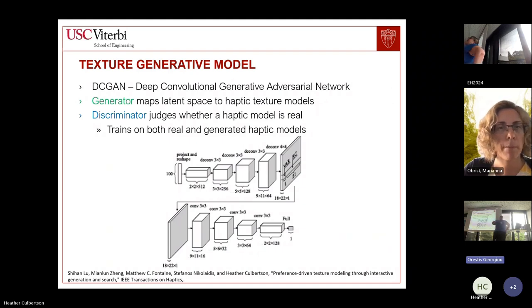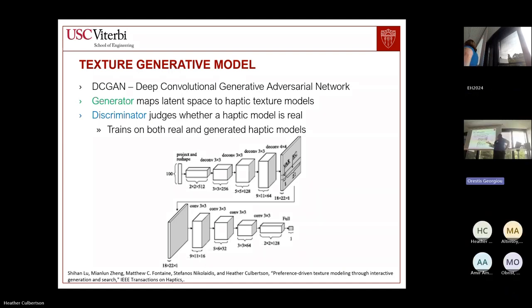So we can say, okay, this is what a haptic texture is going to be like. And then we basically are going to train this network, and then we can generate new random virtual textures that are a combination of these different textures within the data set.